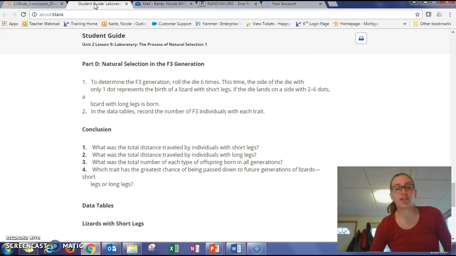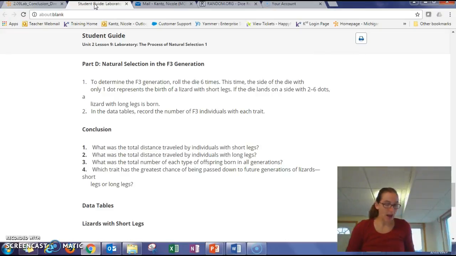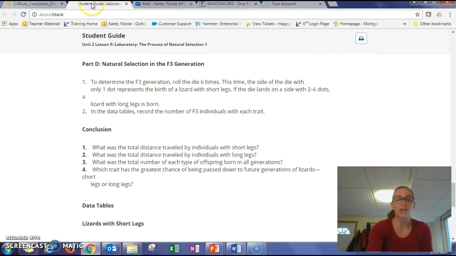And so once you have that, there are some questions for you to answer. These questions are going to help you in writing that conclusion. So they're pretty simple questions. What was the total distance? So once you get all 3 generations, you're going to have a total distance.